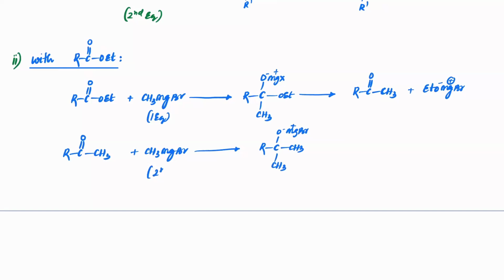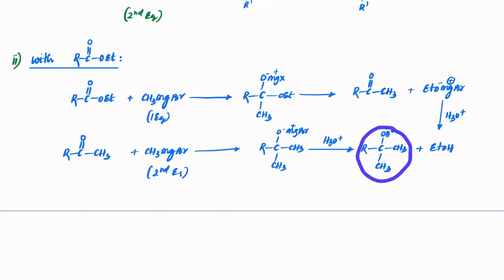So this is the second equivalent, and that on hydrolysis, notice, will give you a 3-degree alcohol again. So here also the same reaction, we require 2 moles. In fact, because this ethoxide is present, that also undergoes hydrolysis to give you ethanol. So two alcohols will be formed. One is a 3-degree alcohol, one is the ethanol which is coming from the alkyl group of the ester.